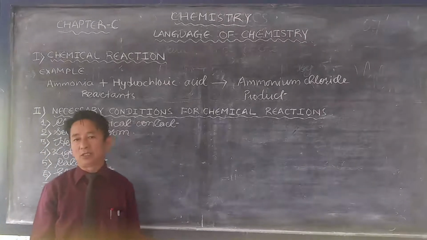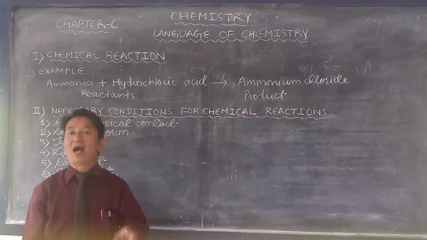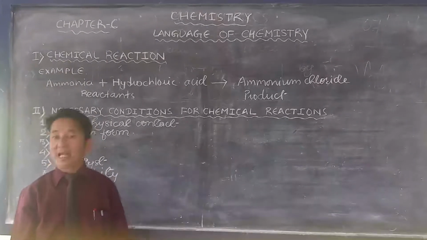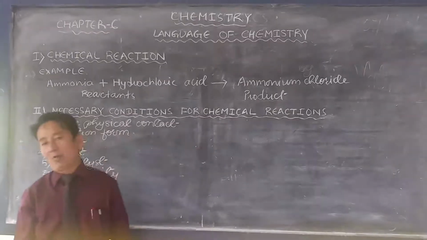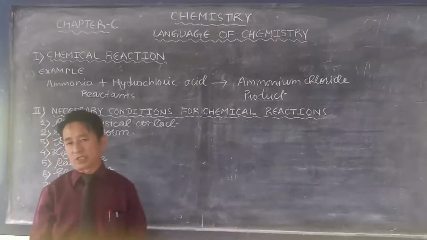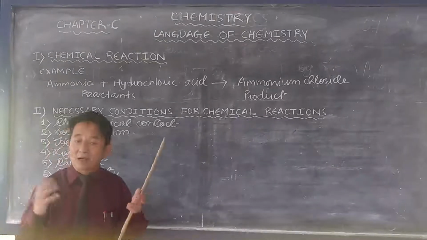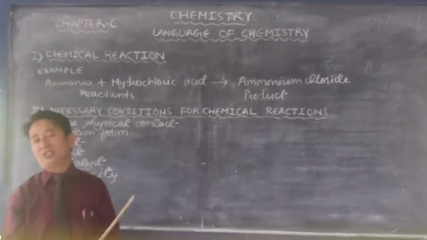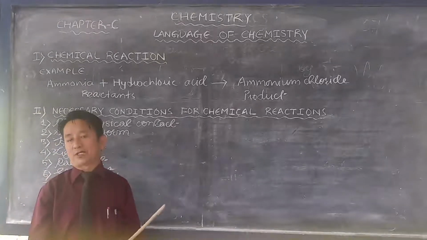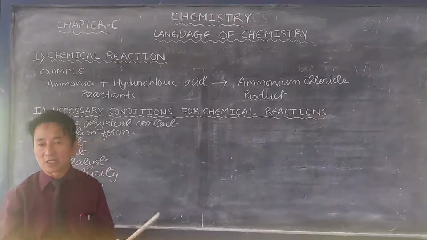Some chemical reactions take place at high pressure, like manufacture of ammonia gas by Haber's process. Here nitrogen and hydrogen combine and react with each other at high pressure in the presence of a catalyst, finely divided iron.